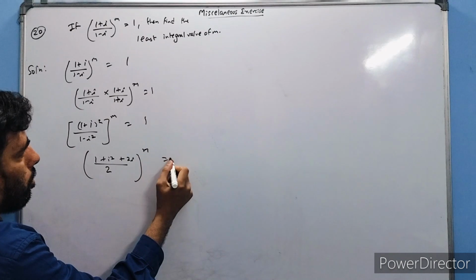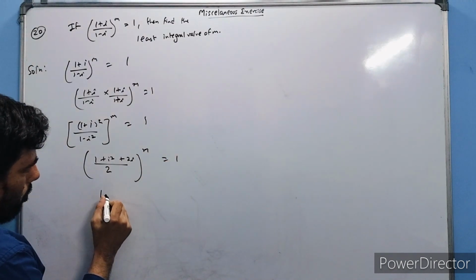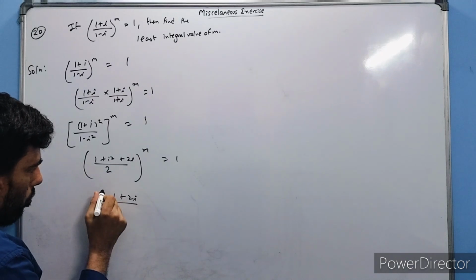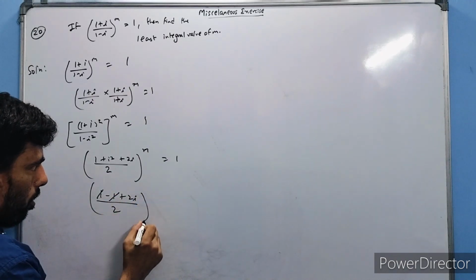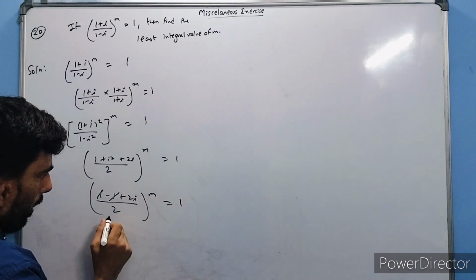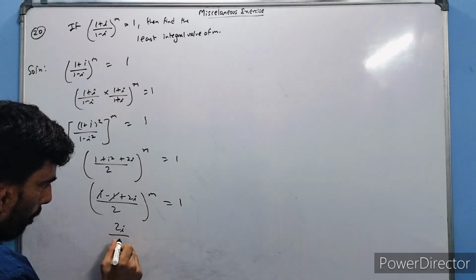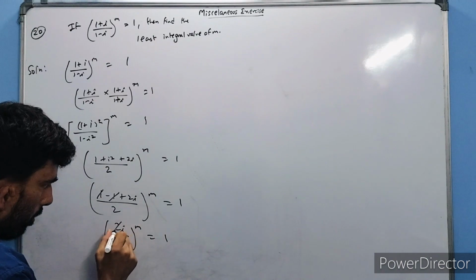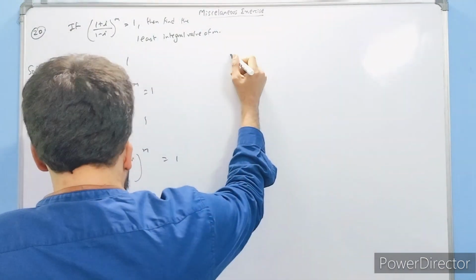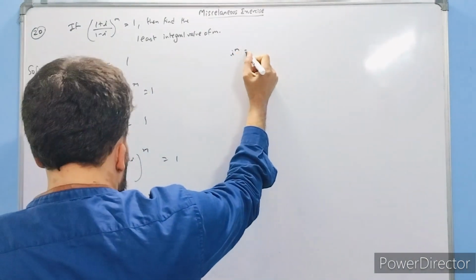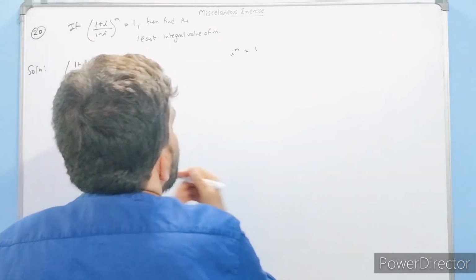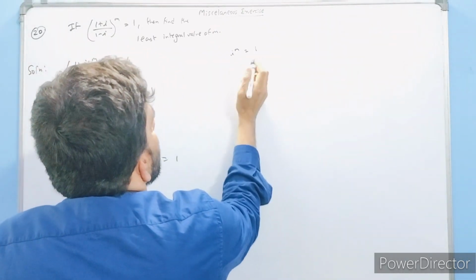In the numerator we have 1 − 1 + 2i, because we know i² is −1, upon 2, raised to the power m is equal to 1. So I have 2i upon 2, that is i^m = 1. Okay, so I got the value here: i^m = 1.